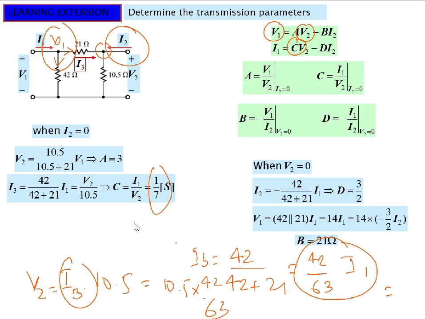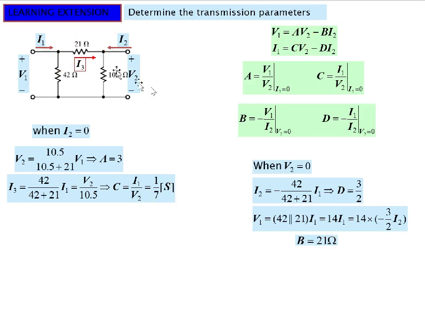Okay, after that we make V2 equal to 0. So if we make this V2 equal to 0, इससे क्या हो जाएगा कि हमारा जो आउटपुट के साथ जो रेजिस्टेंस कनेक्ट है वो शॉर्ट हो जाए. So this thing will become 0 or does not exist.